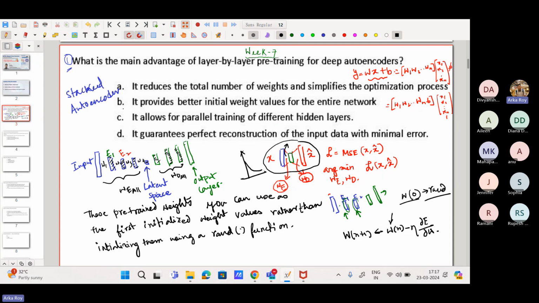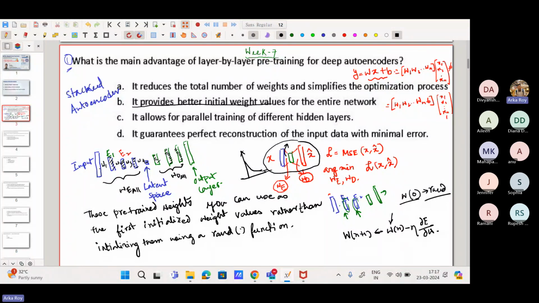So for this particular question, in case of option B, we can see that it provides better initial weight values. As you are pre-training the model, you have already done some optimization on these particular weights, and you have optimized this curve in a substantial manner so that your weight values are quite good.